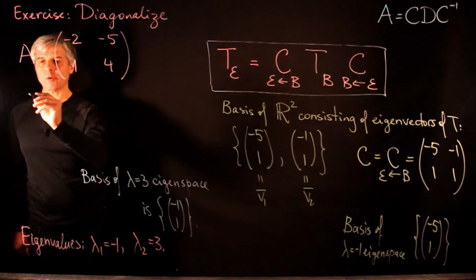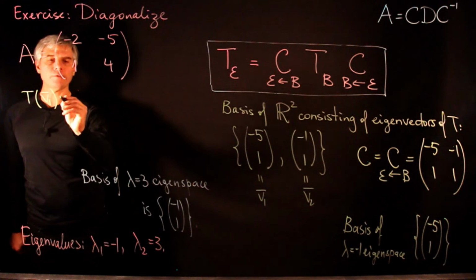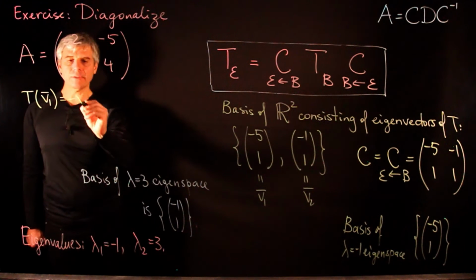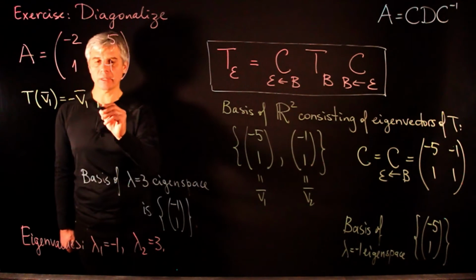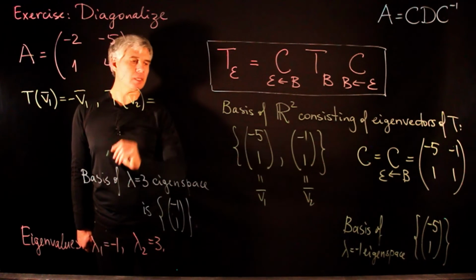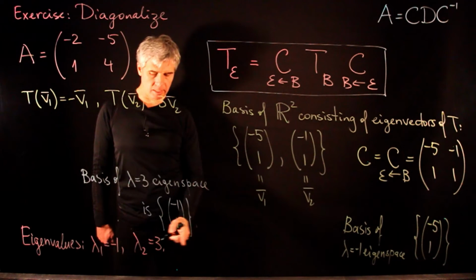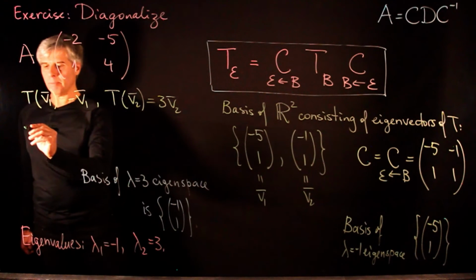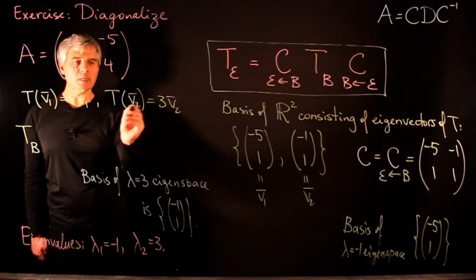What are the properties of our eigenvectors? So here the properties are that T of v1 is equal to minus v1. v1 is the lambda equals minus 1 eigenvector. And T of v2 is equal to 3 times v2. So v2 is a lambda equals 3 eigenvector. And then the matrix of T in basis B, we see that from here it's diagonal.